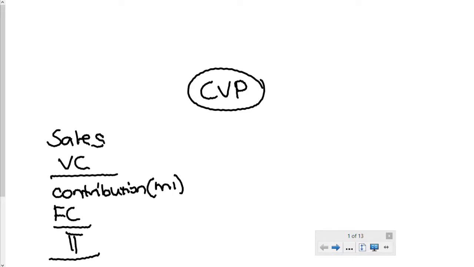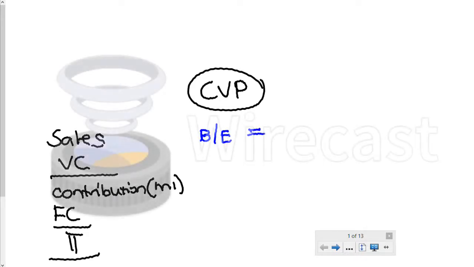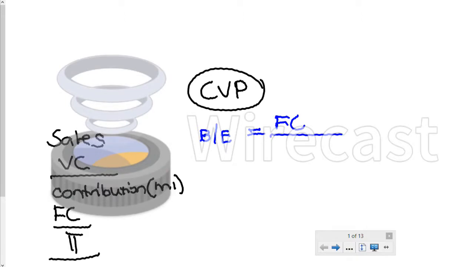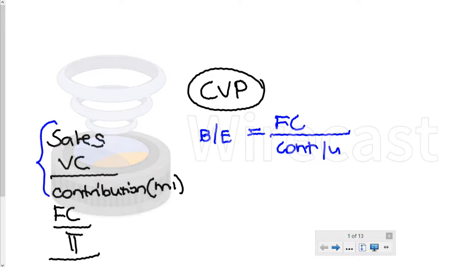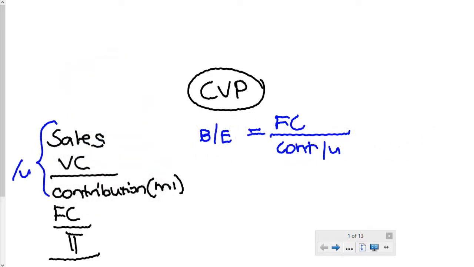In second year, but the most important of those ratios was break-even, where break-even is fixed costs over contribution per unit. These top three are all variable, so those ones we look at per unit: sales price per unit, variable costs per unit, contribution per unit.